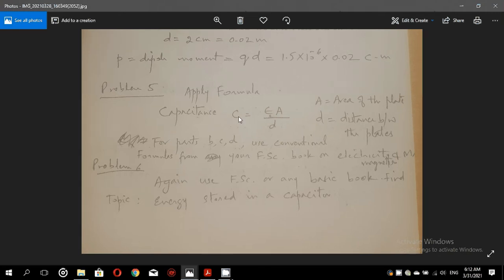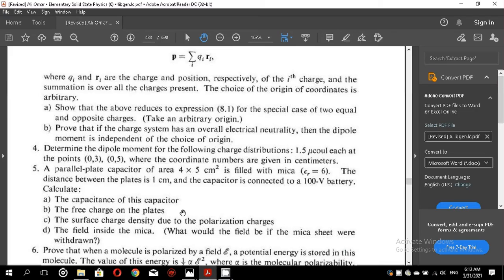You know that capacitance C is given as epsilon r A over d, where epsilon r is the dielectric constant or the relative permittivity, A is the area of the capacitor plate, and d is the distance between the two plates of the capacitor. So you put in the given data and calculate the capacitance. Similarly, parts B, C and D are very simple, very basic, and you must calculate these parts as well.